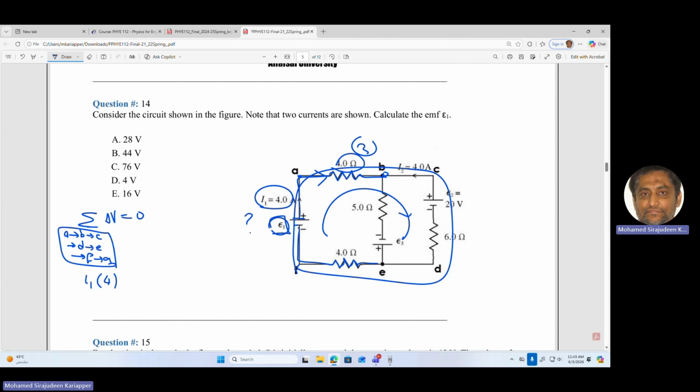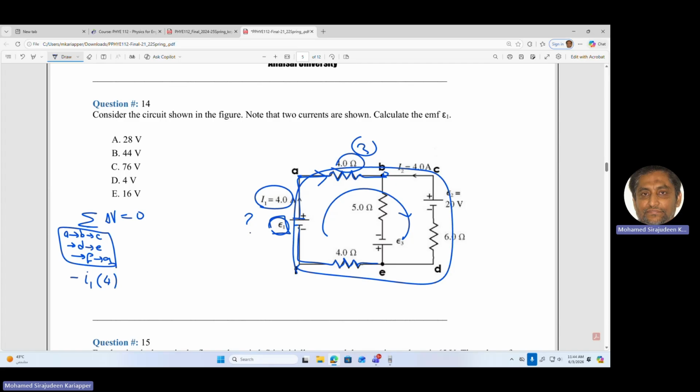Because this is only the magnitude, not the sign. If the way you are going is the same as the current direction, it is negative. Okay. Good. So let's forget the physics, okay? We just remember it. If you are going in a direction, and the current is also going in the same direction, it's a potential drop, okay?